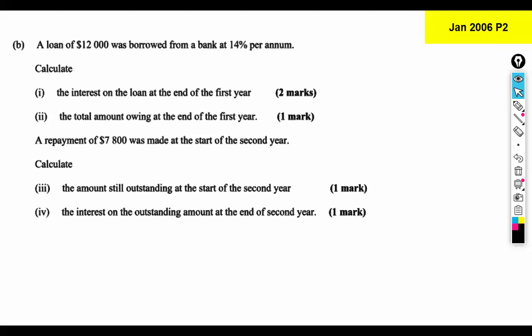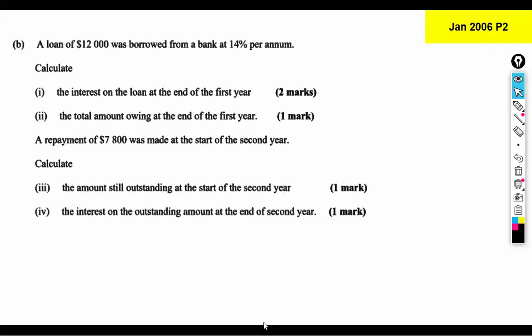I'm looking at this just to make sure: did they say whether it's simple interest or compound interest? It doesn't matter. It won't matter whether you assume it's simple interest or compound interest for this particular question.